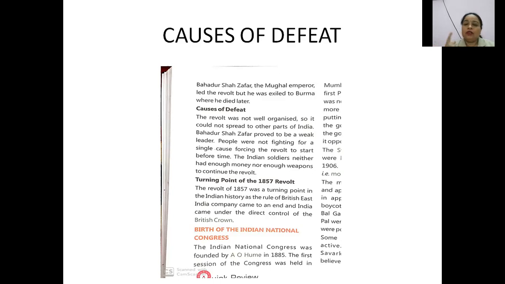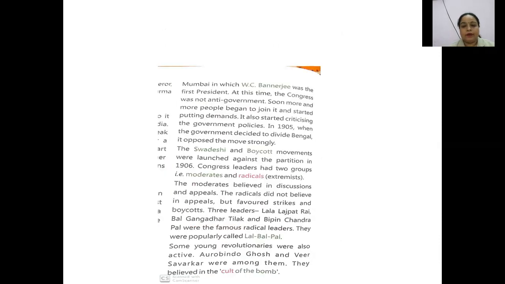It was the first party formed for governing India. The first session of the Congress was held in Mumbai, in which W.C. Banerjee was the first president.